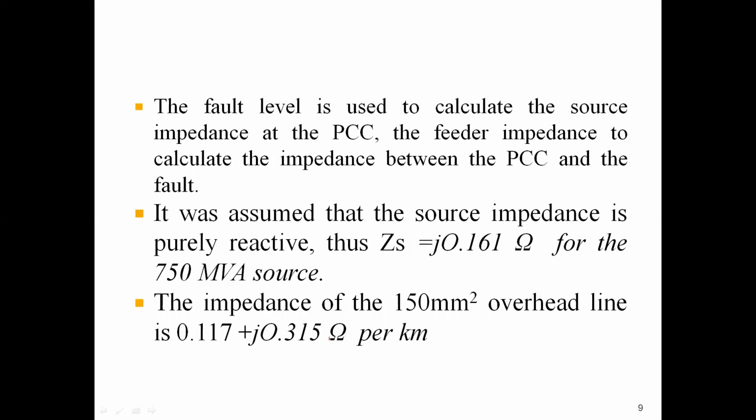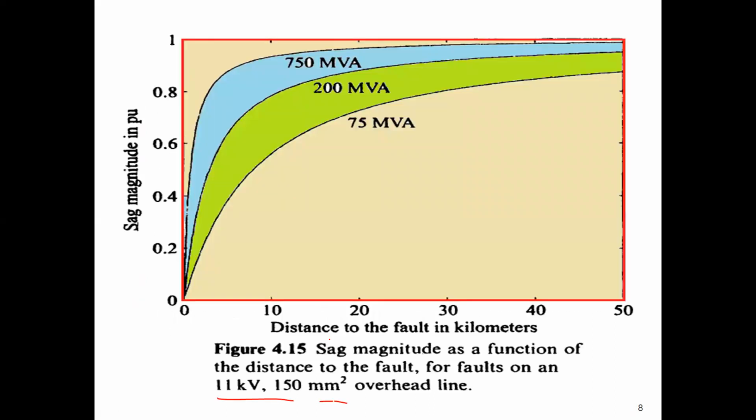The main observation you need to understand here is that the sag magnitude is increasing. Just look at the curves. The bottom one is 75 MVA, the middle one is 200 MVA, and the top one is 750 MVA. For 75, this is the magnitude.